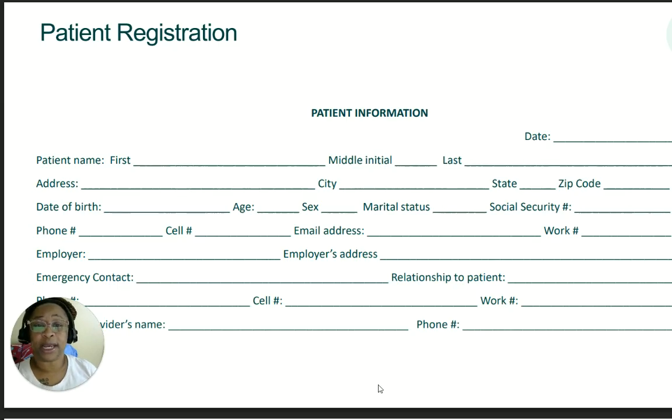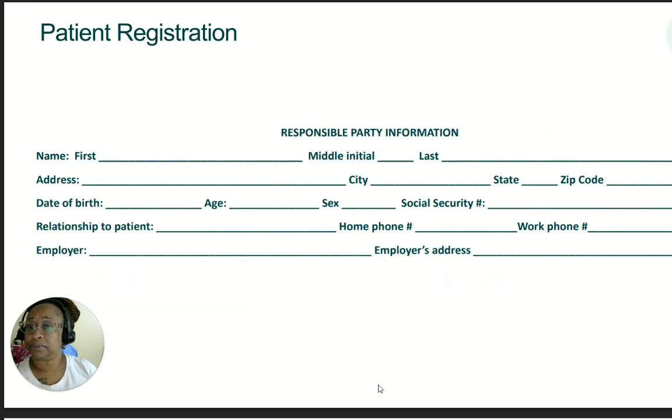When you're making appointments, each time the patient calls, if it's an established patient, ask them whether any of their information has changed since the last visit, such as address, phone number, insurance information, or email address. Those things are very vital for contacting the patient if needed.